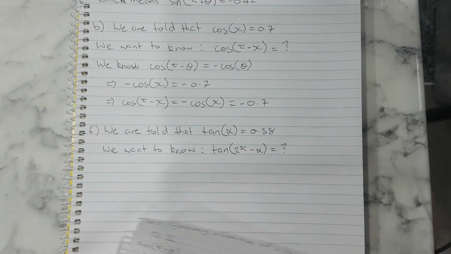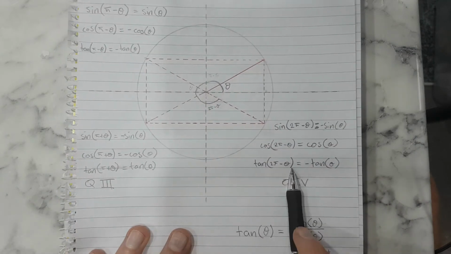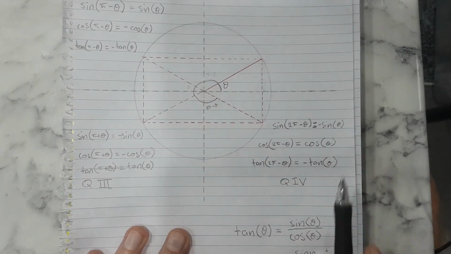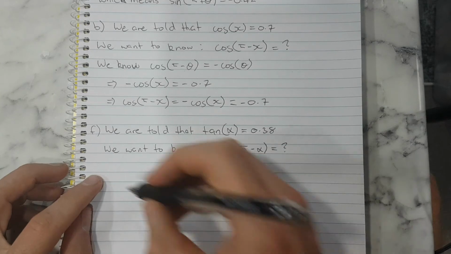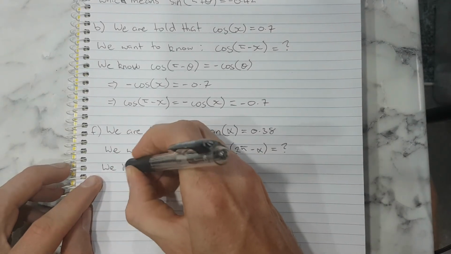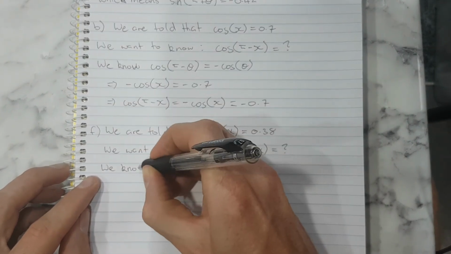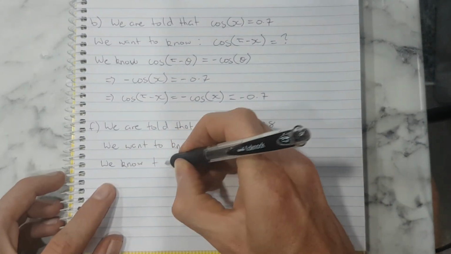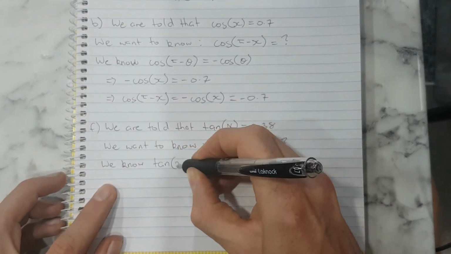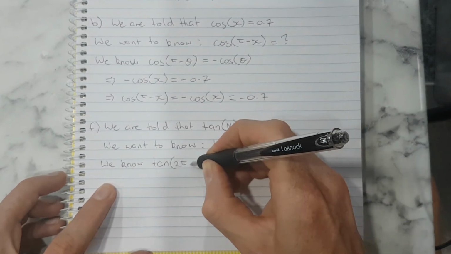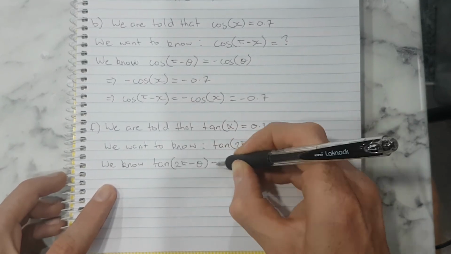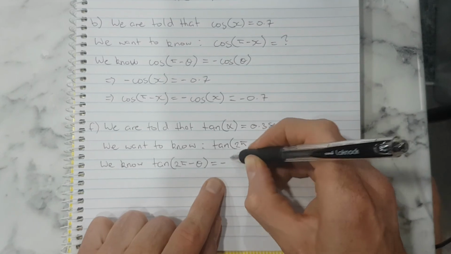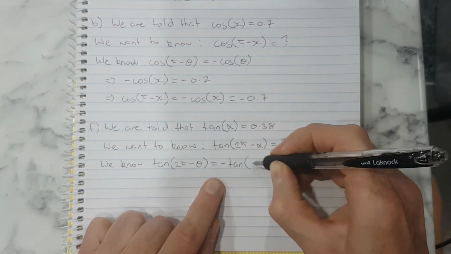Yep, 2 pi minus some angle, which is equal to minus tan of that angle. So let's write that down. We know that tan 2 pi minus some angle theta is equal to minus tangent of that angle theta.